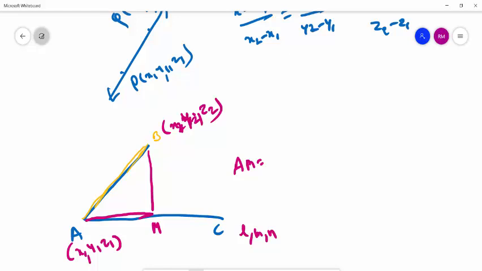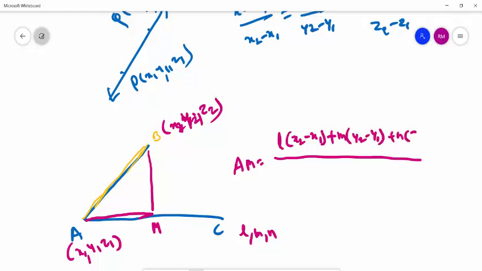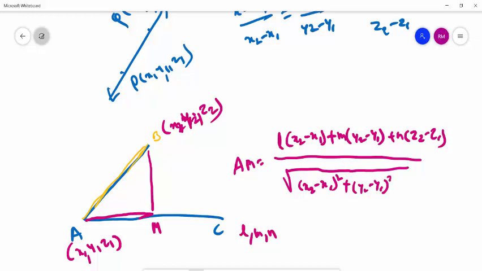Then that AM is given by the formula: l into x2 minus x1, plus m into y2 minus y1, plus n into z2 minus z1, whole divided by square root of x2 minus x1 whole square, plus y2 minus y1 whole square, plus z2 minus z1 whole square.